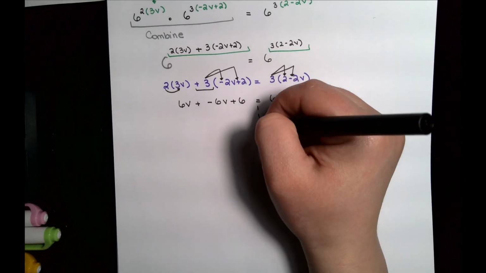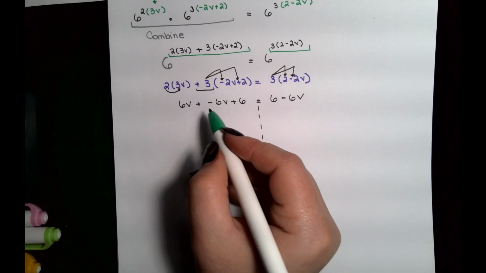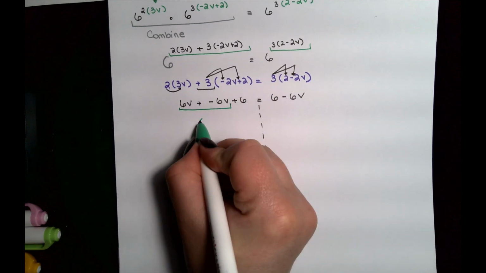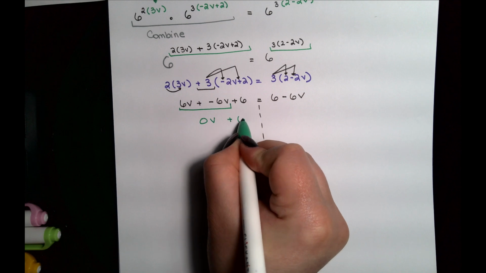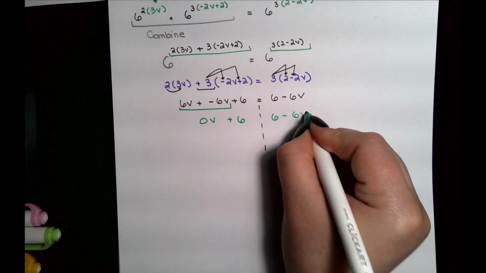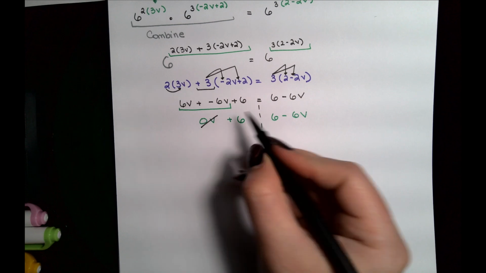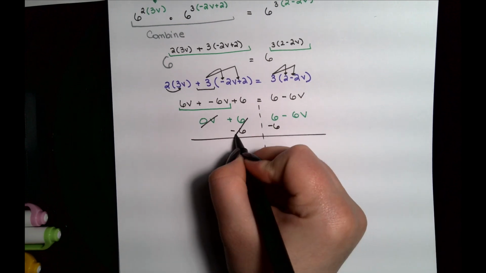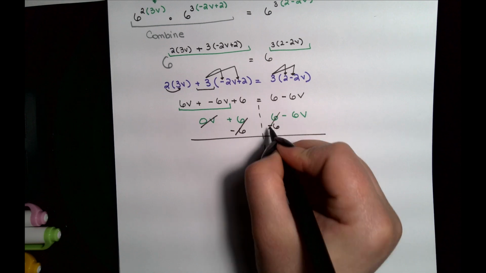Dotted line, combining like terms on the same side first. So 6v minus 6v, that's 0 v's. I'm going to remove that 0v. I'm just showing you that we have no v's. That's gone. I'm going to subtract 6 on both sides. And notice what happens.